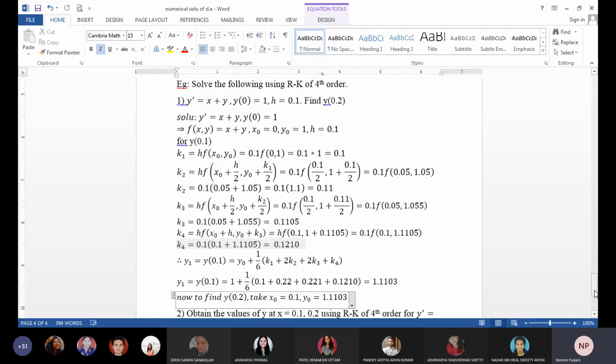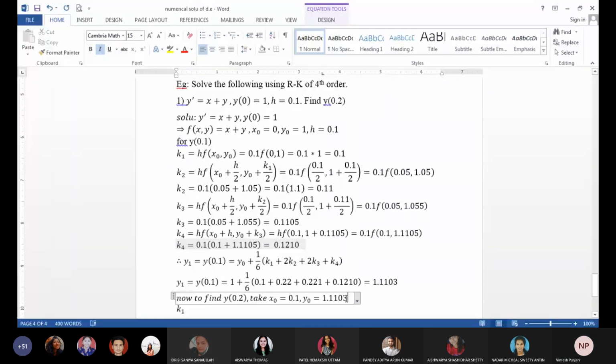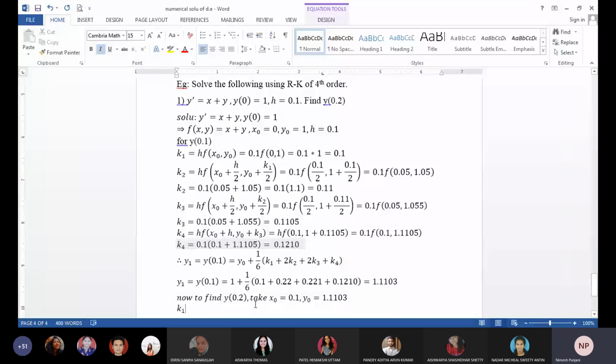So again I will write down what is my k1. The k1 formula remains the same, h f of x0, y0. So now here what will be your k1? The value of h is 0.1. f of x0, now your x0 is 0.1, y0 is 1.1103.